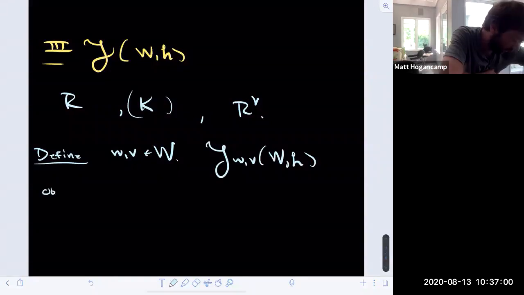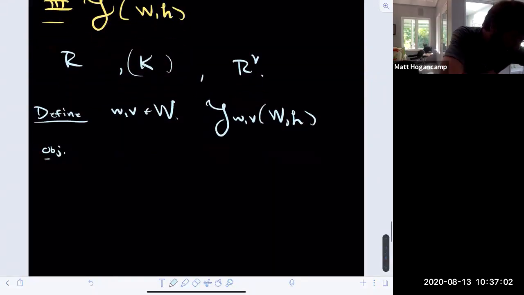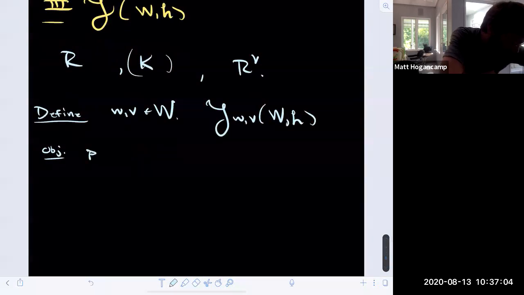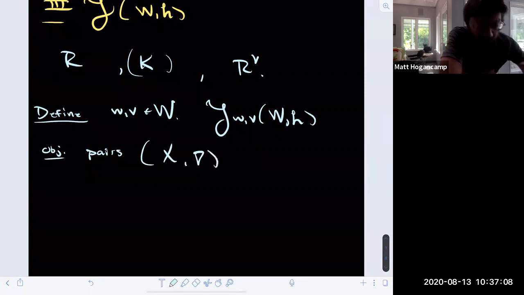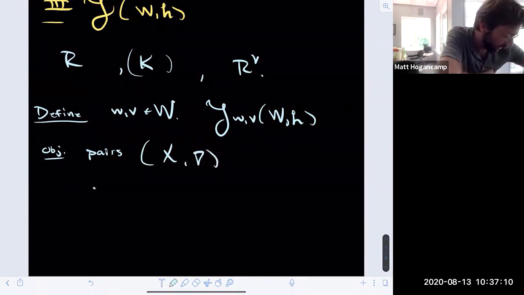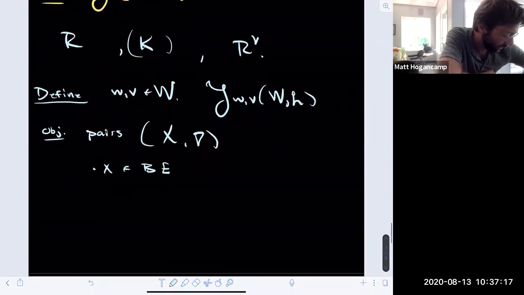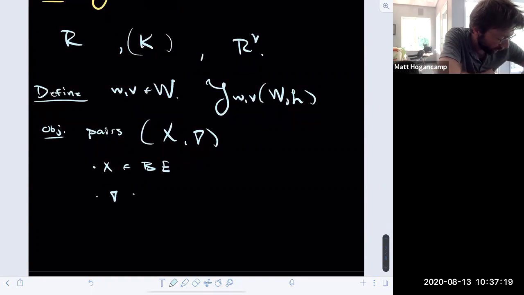So objects of this category are going to be pairs. I'll call it X comma nabla, where X is a complex of Soergel bimodules, and nabla is an endomorphism of degree 1.